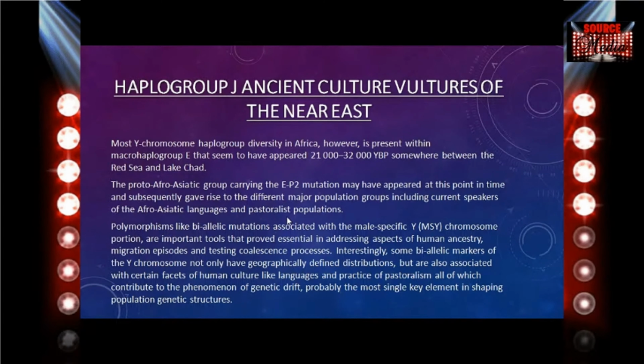Interestingly, many biallelic markers of the Y chromosome not only have geographically defined distribution, but are also associated with certain facets of human culture like languages and practice of pastoralism, all of which contributed to genetic drift, probably the single most key element of shaping population genetic structures.